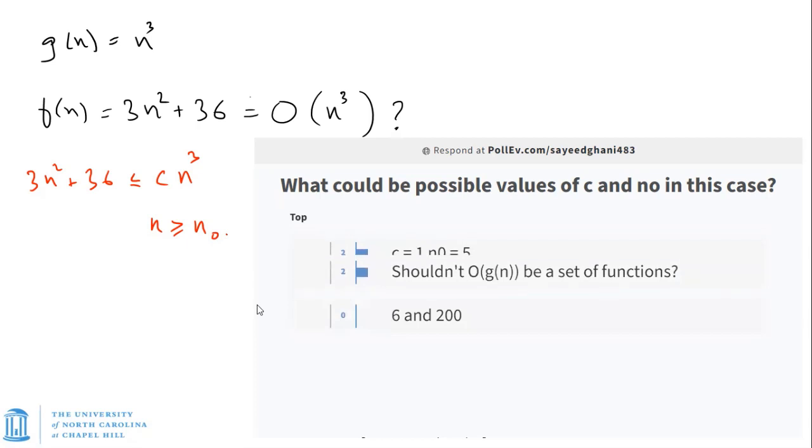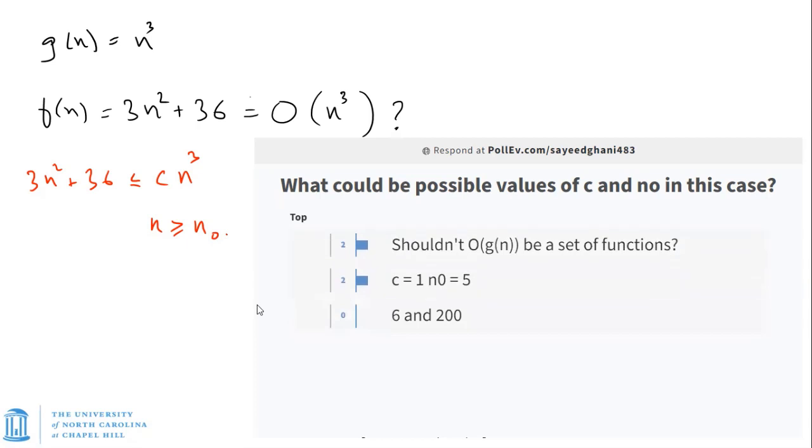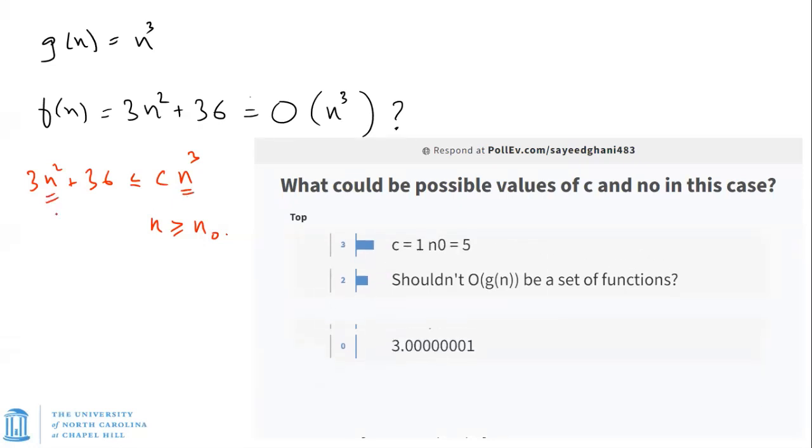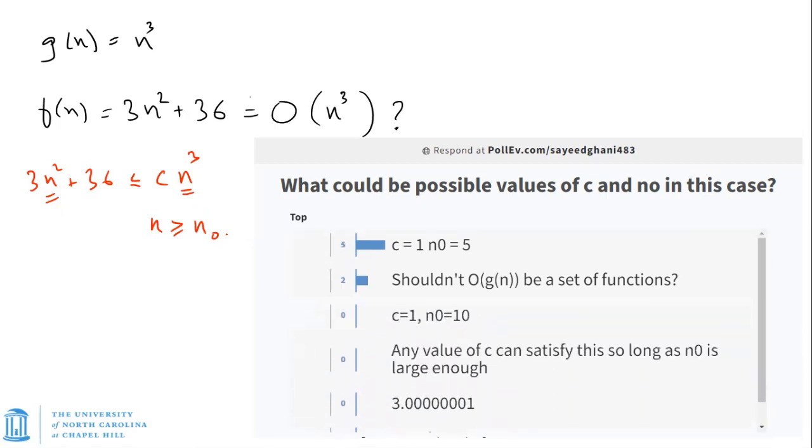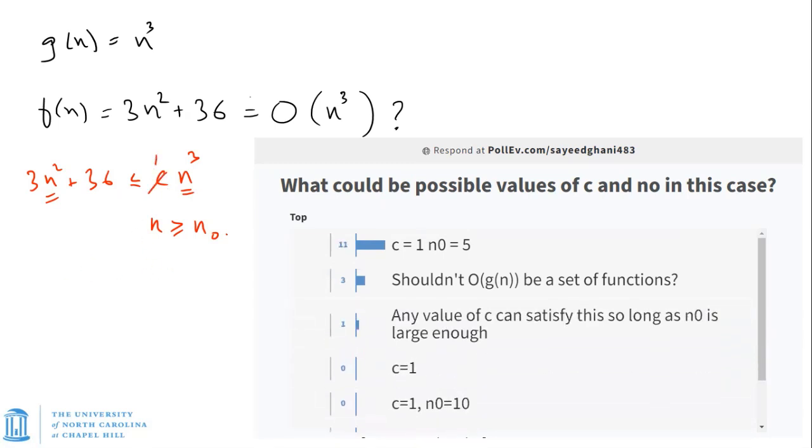Well, we've got n cubed on this side and n squared on the other, and we're simply saying we want the right-hand side at some point to become larger. So c equal to 1. People are suggesting c equal to 1 would make sense. Clearly if you chose c to be equal to 1, then at some point n cubed is going to be larger than n squared. But now the question is, how would we figure out what n naught would be?